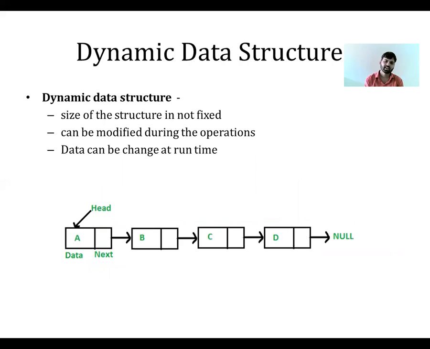Then dynamic data structure: the size is not fixed and can be modified during the operations. Data can change at runtime. For example, there are four nodes A, B, C, D, and you can attach E to D, so the size gets changed. You can perform various operations like insert and delete.